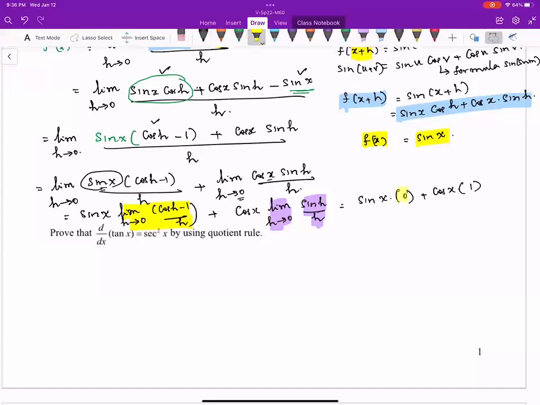Right? So this is 0 and this one is 1. So it becomes 0 plus cosine x, which is cosine x. So the derivative of sine x equal to cosine x.